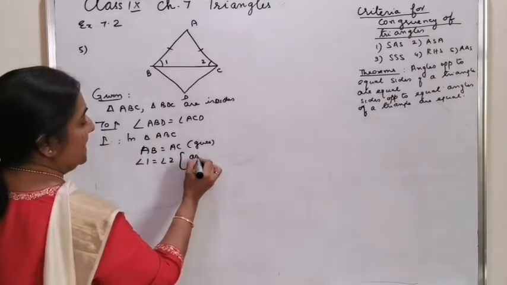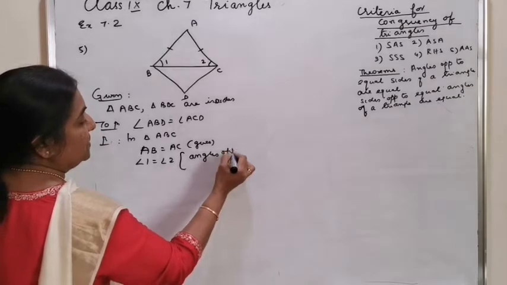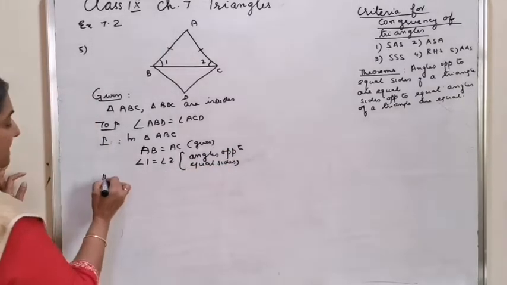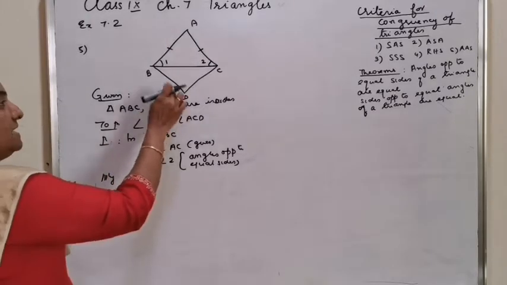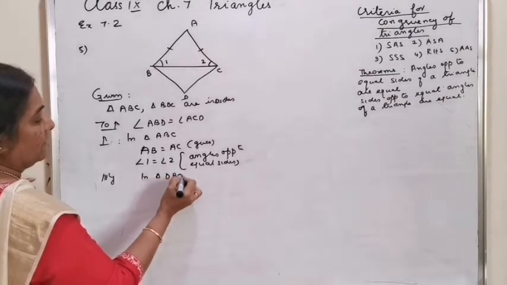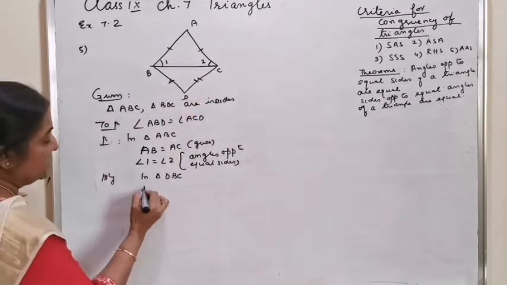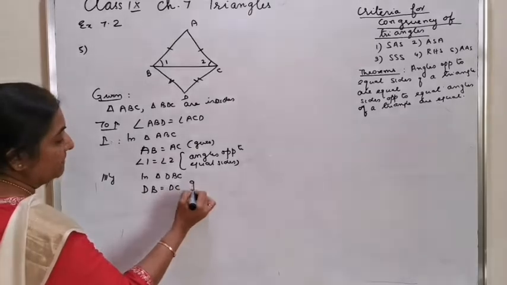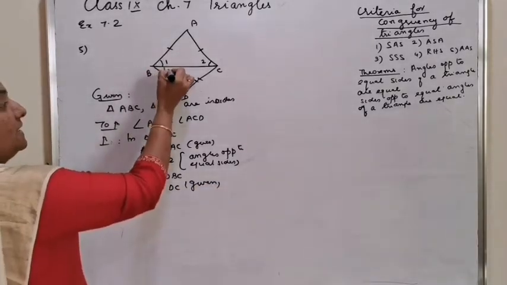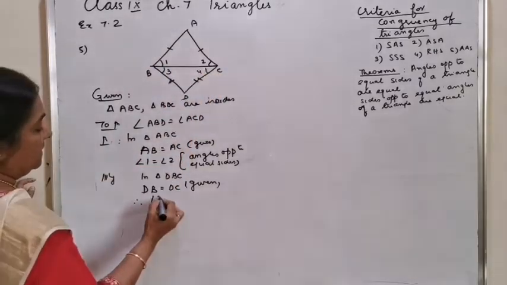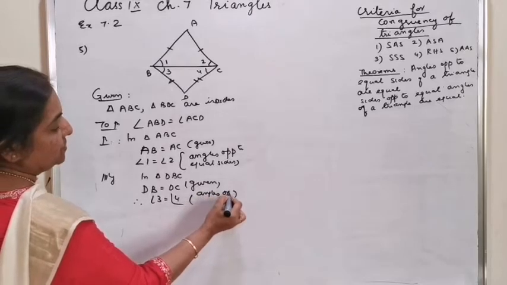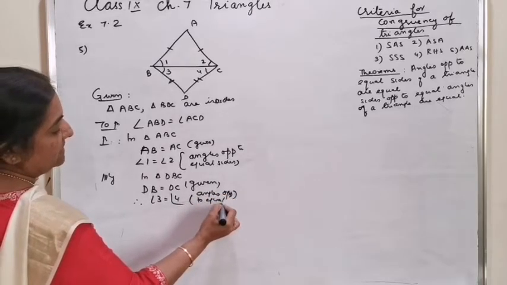The reason is angles opposite to equal sides. Similarly, in triangle DBC, DB is equal to DC given. Therefore, which are the angles opposite? Angle 3 and angle 4 are equal. Same reason as angles opposite to equal sides.